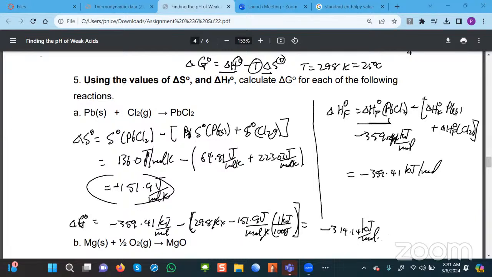All right, so that's basically how that is done. And basically it's the same process for the other parts of that question. All right? Okay, any questions about this? Any questions?